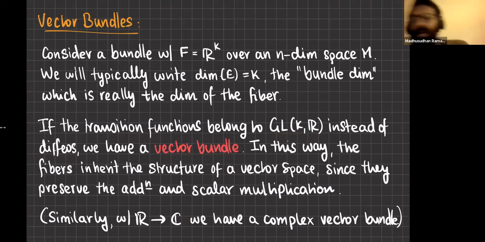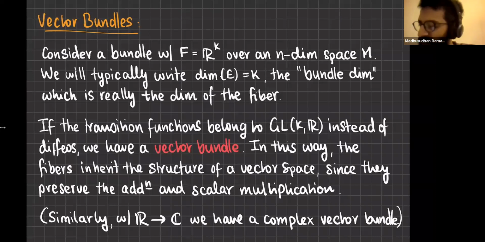Okay, and one way to think about this is to really think of a family of vector spaces that are parameterized by points on some manifold. So to each point on the manifold, you associate a vector space, right? And as you move your point on the manifold, the vector space kind of changes and rotates into itself and stuff like that.